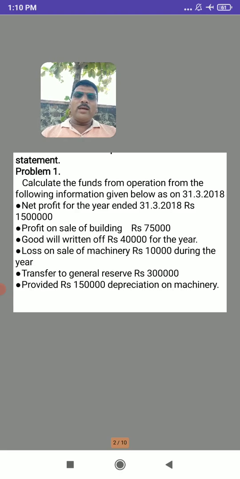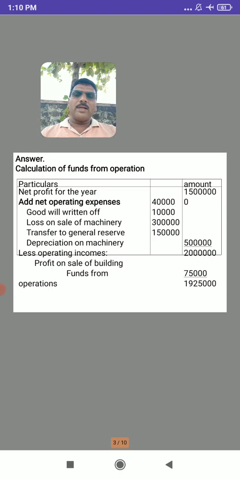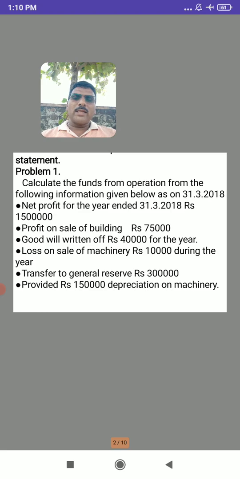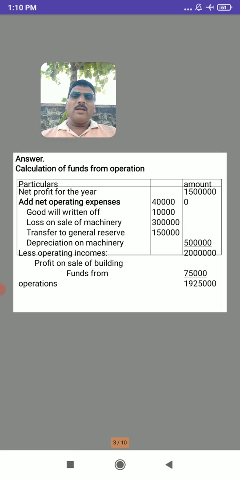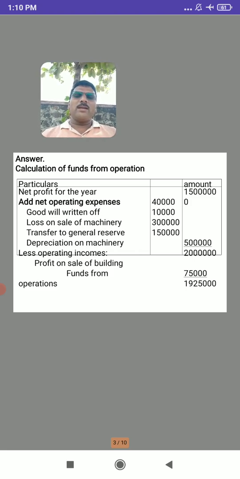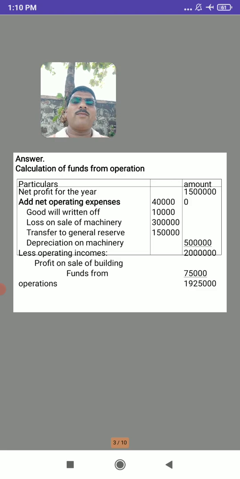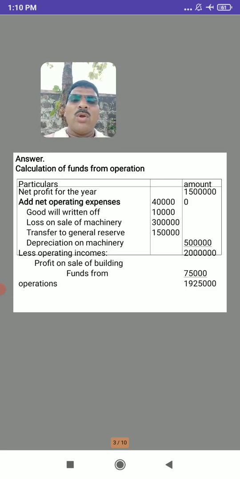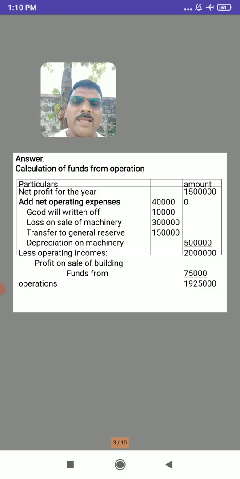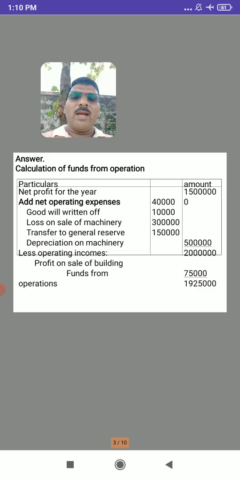One is goodwill written off, that is 40,000, which we have taken here. Then loss on sale of machinery, that is 10,000, transfer to general reserve, and depreciation provided on the machinery. So these are the non-operating expenses: goodwill written off 40,000, loss on sale of machinery 10,000, transfer to general reserve 3 lakh, and depreciation on machinery 1,50,000.